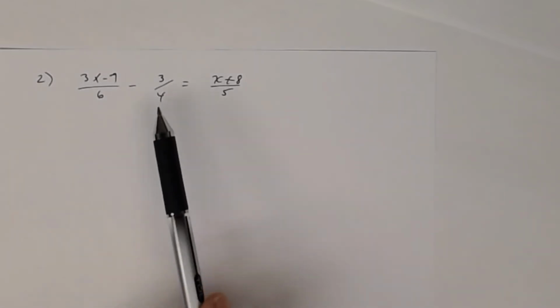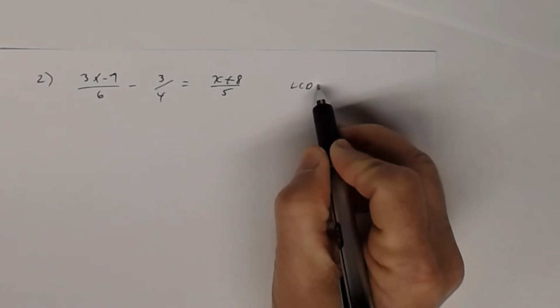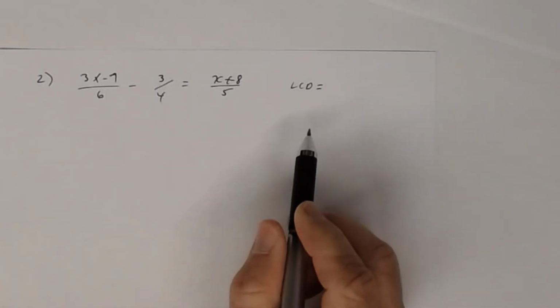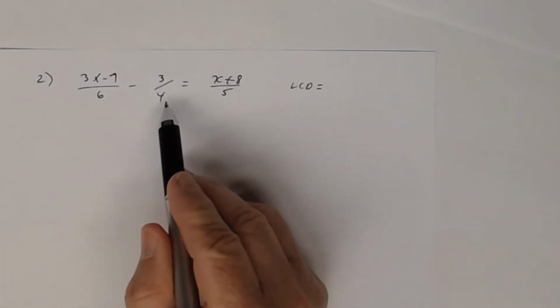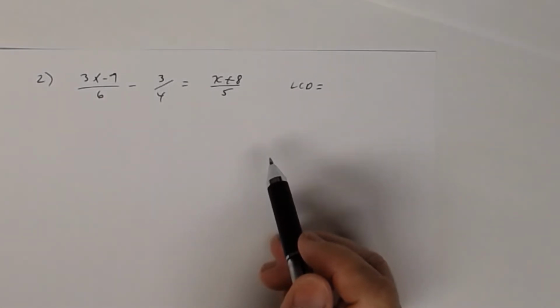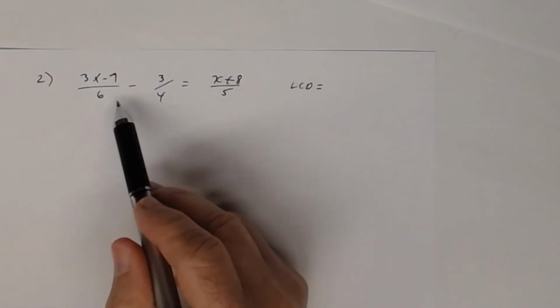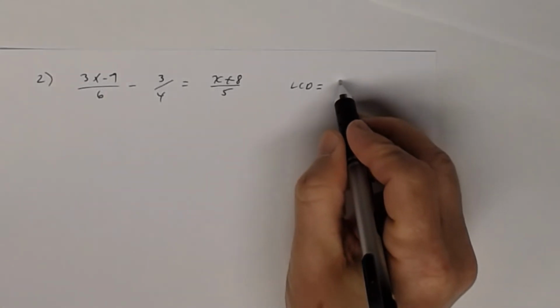Since I do have fractions, we're going to clear the fractions, so we have to find the least common denominator: the smallest number that 6, 4, and 5 will divide into evenly. It turns out that the least common denominator of 6, 4, and 5 is 60.